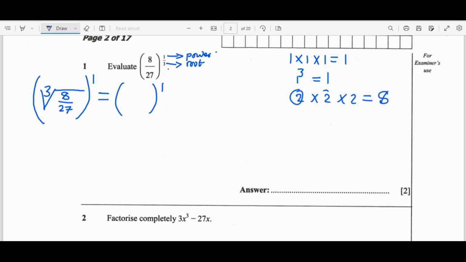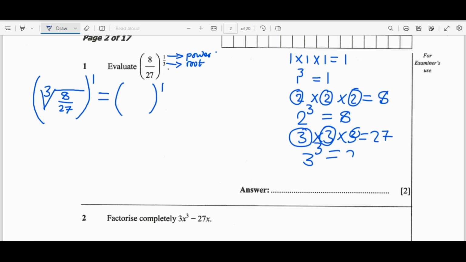So 2 raised to the power 3 is equal to 8. 3 by 3 is 9. By 3 is 27. So 3 raised to the power 3 is equal to 27. So the third root of 8 is 2.